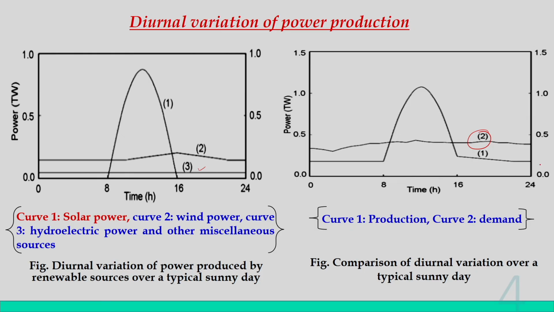Now line 2 shows the demand. Demand sometimes decreases and sometimes increases, but more or less it is constant, while here supply is more. So if we can store this energy for a certain period of time and supply it to meet the demands at other times, that's a very good business. So we will give more attention to this storage of energy.